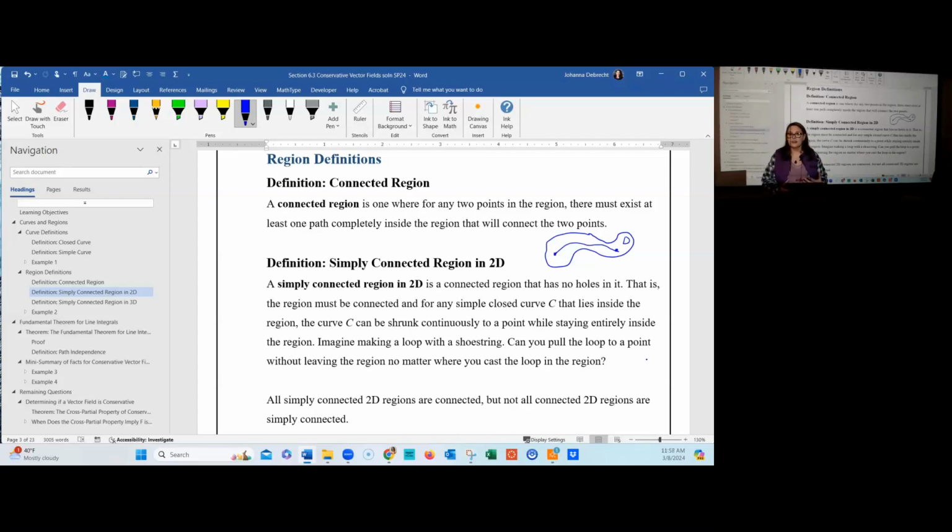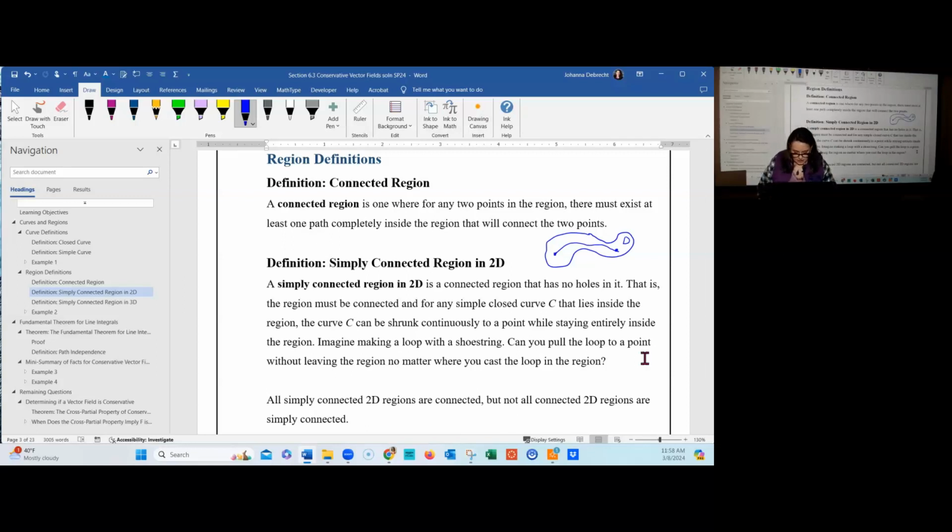Now, if we considered that our domain was just the United States, then we would not be connected to Alaska because we would have to leave the United States to get to Alaska. If we take the domain as North America, however, then we would be connected to Alaska. It depends on how you're defining your region.